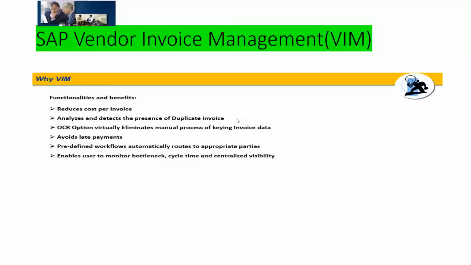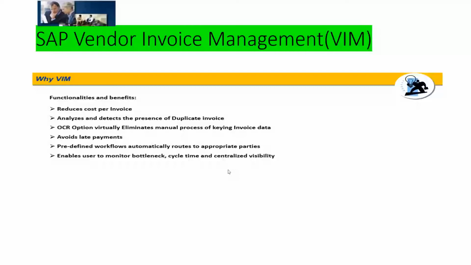Even the top level manager can see why this invoice is pending for so long. Anyone can access that report, and they will immediately know the reason the payment has not been done so far. So, any question on this?